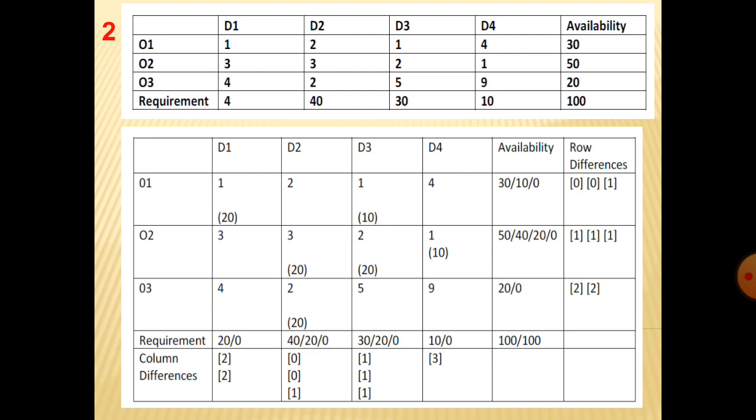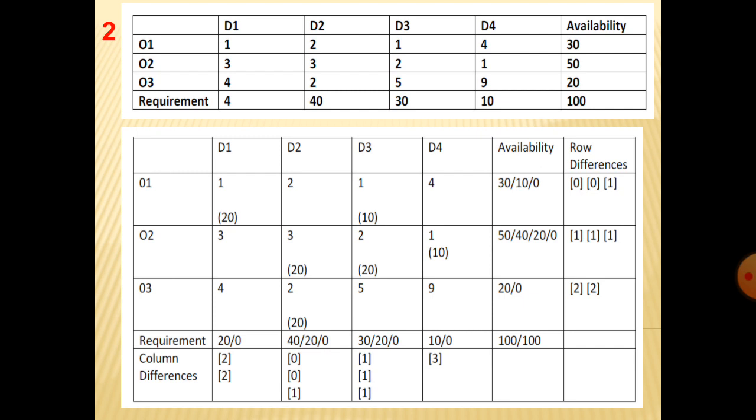Here this entire row, this column we have to eliminate. No need of assigning. The requirement is already satisfied. Okay, here it is satisfied. You leave this entire column. You come to the next.